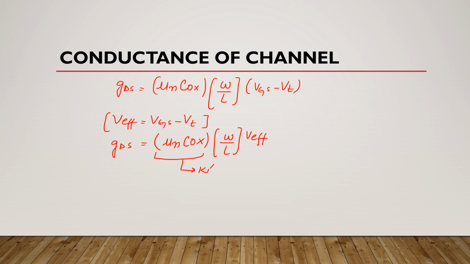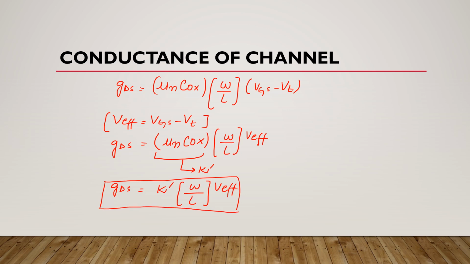So the simplified form of this equation becomes K dash multiplied by transistor aspect ratio, and here we have effective voltage. So this is the conductance of the channel.